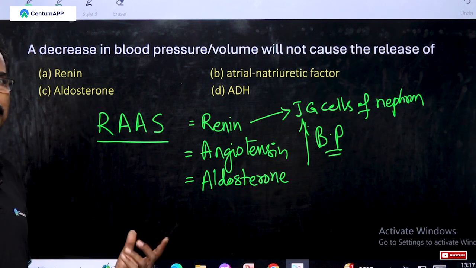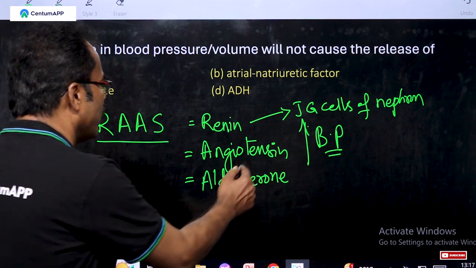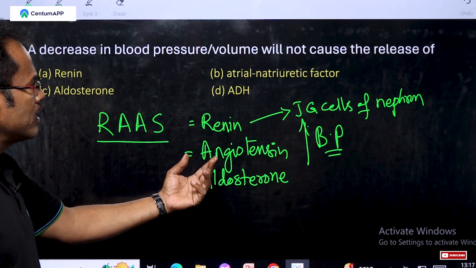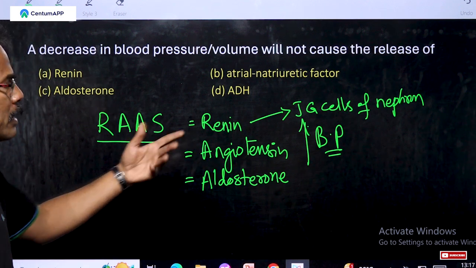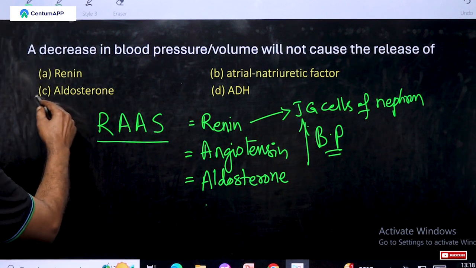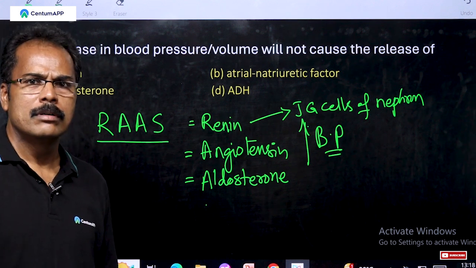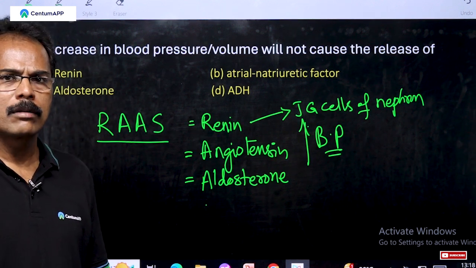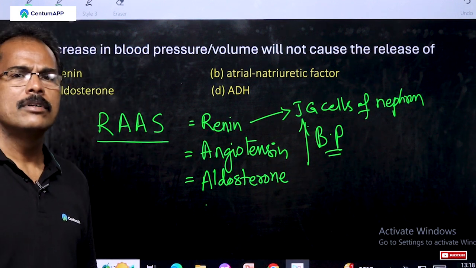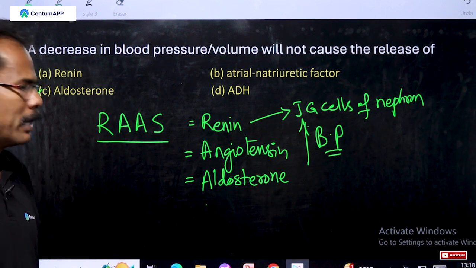It helps in the reabsorption of more water. Angiotensin is the hormone which helps in the same condition, to increase the BP. Then aldosterone is a hormone released by the adrenal cortex during low BP, which helps in the reabsorption of sodium as well as water to maintain sodium-water balance.